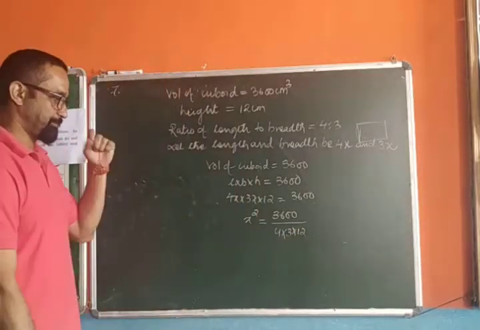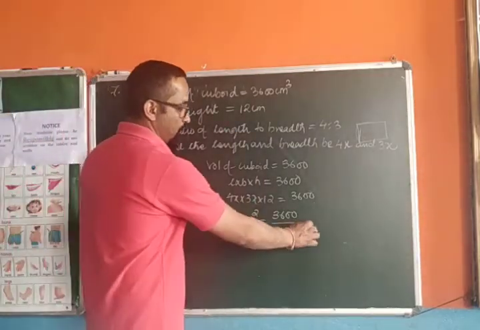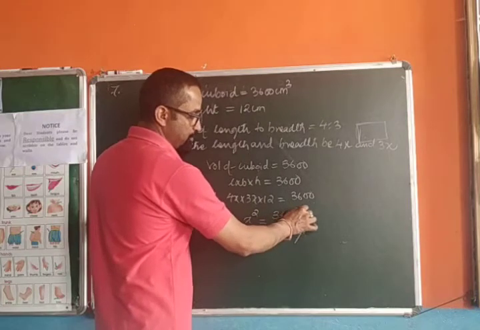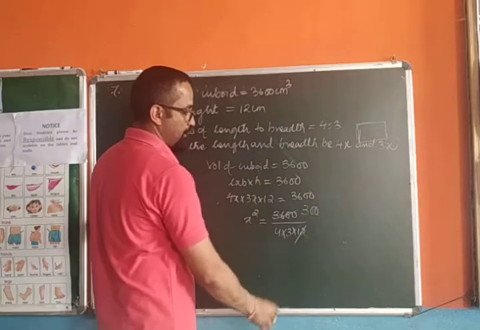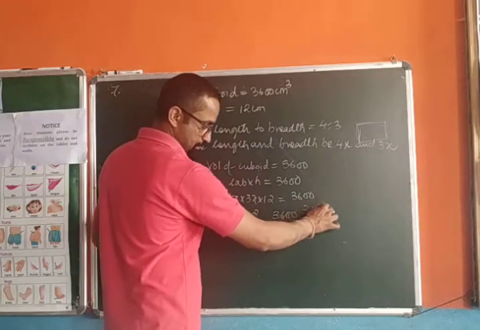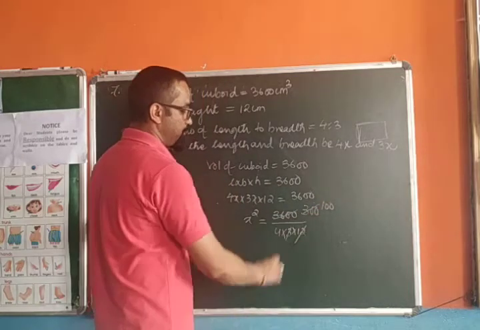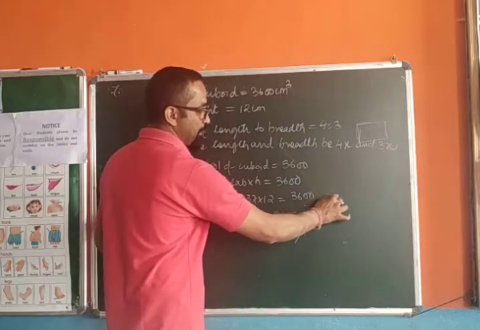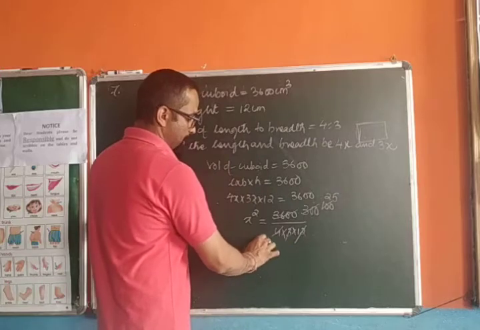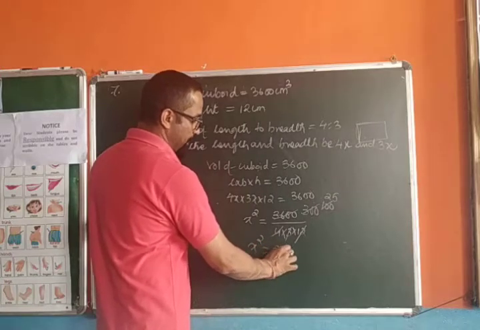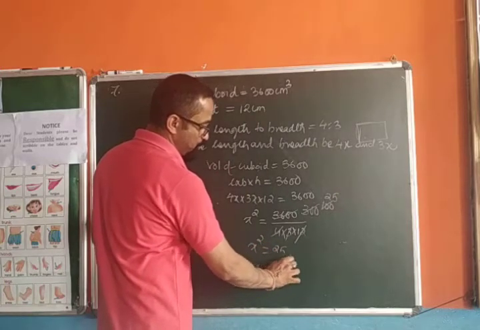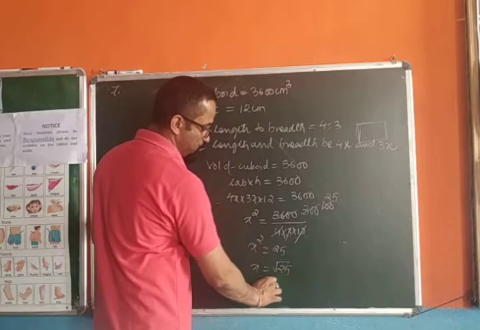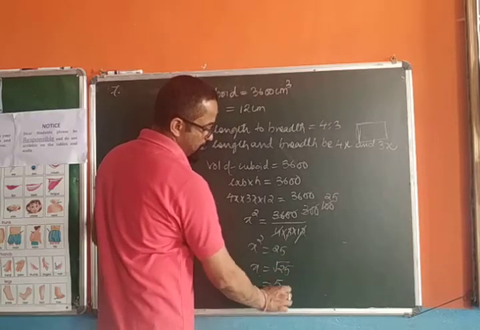Cancel it. x square equals to 25. X is equal to root 25. Square root of 25 is 5.